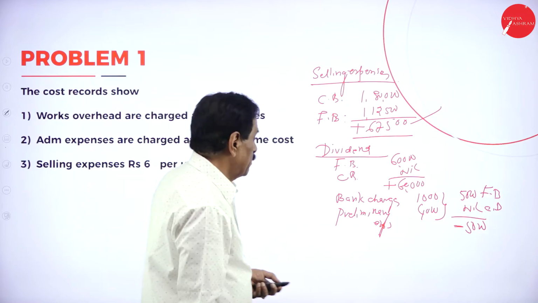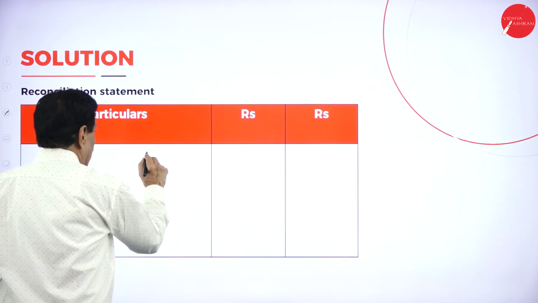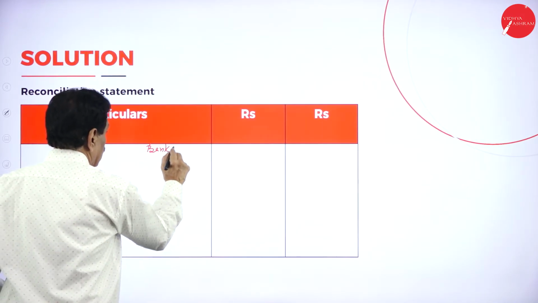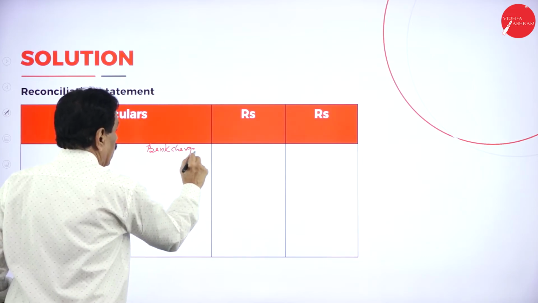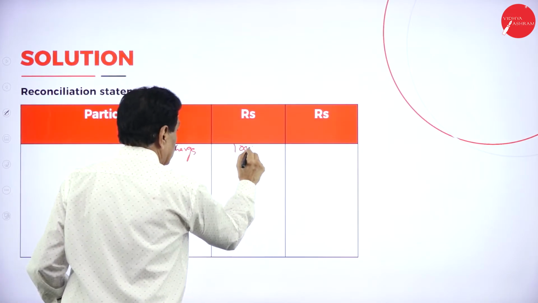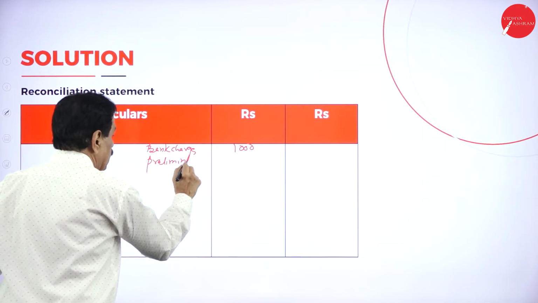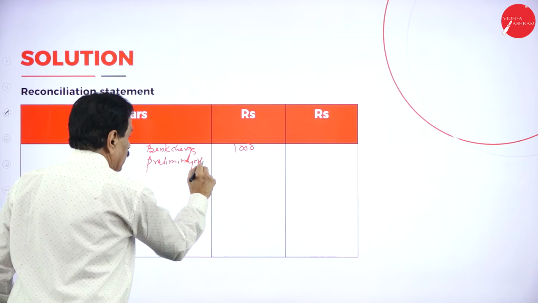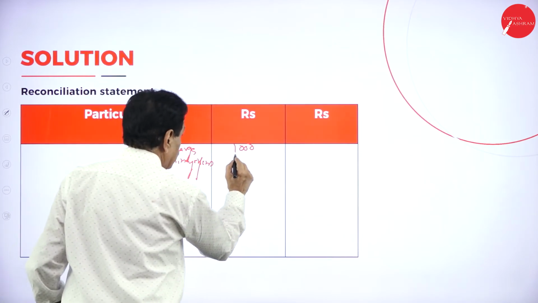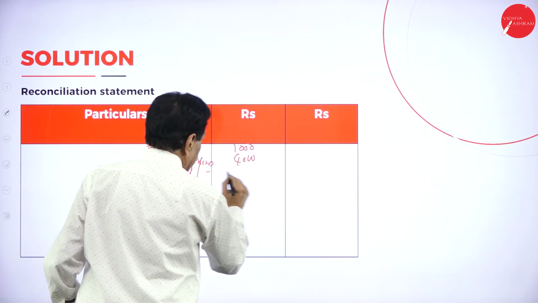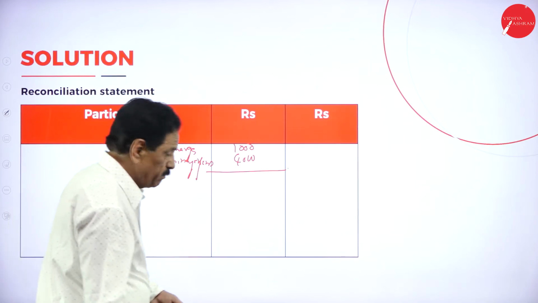Then bank charges, 1,000. Preliminary expenses, 4,000. Add the figure.